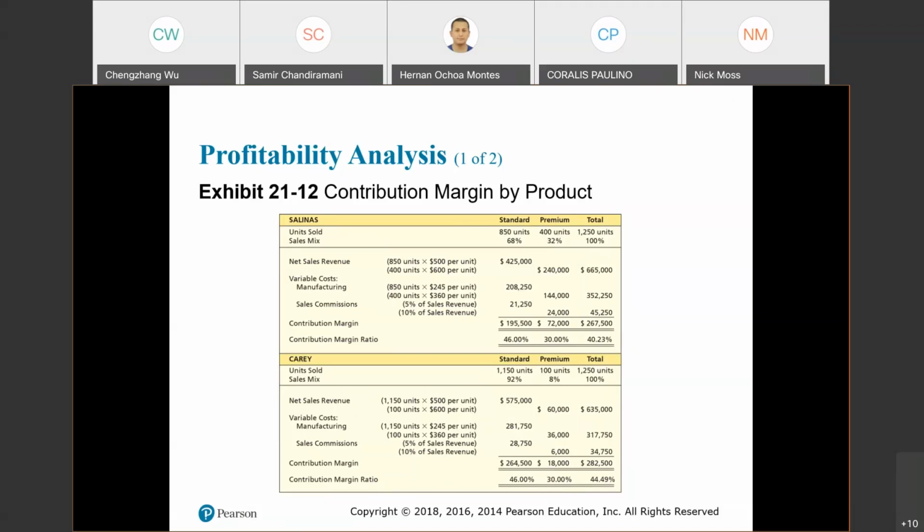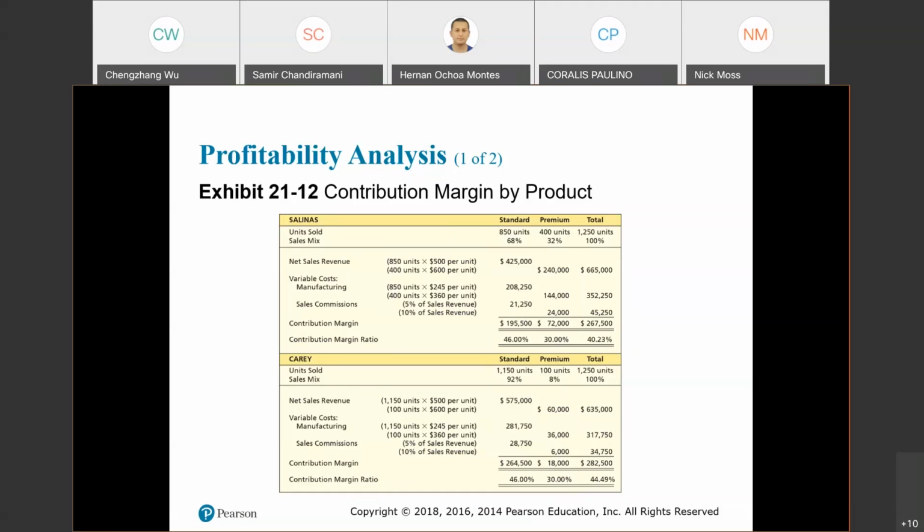So here, after the analysis, the management should consider the following questions. First, should the sales representative continue to focus on the premium model if it has a lower contribution ratio?